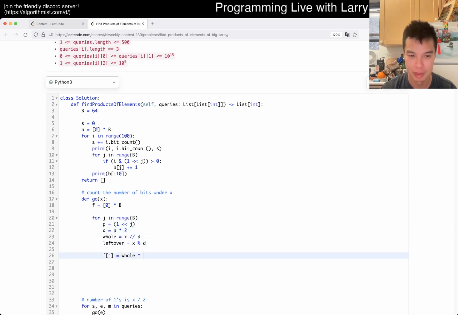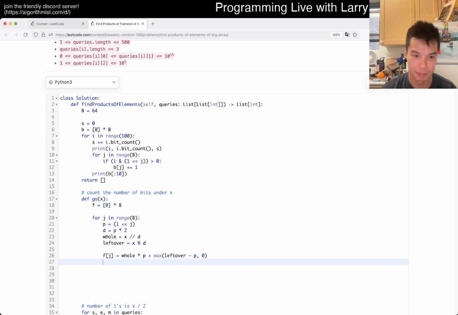So then, each part will have 1, yep, okay, fine. And then plus, so leftover is going to be max of leftover minus P for zeros and 0, right?